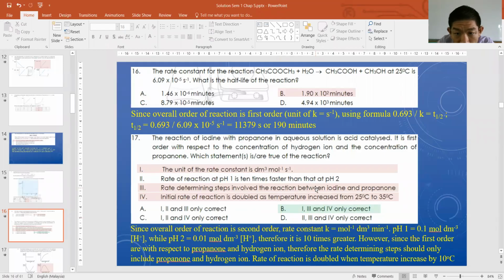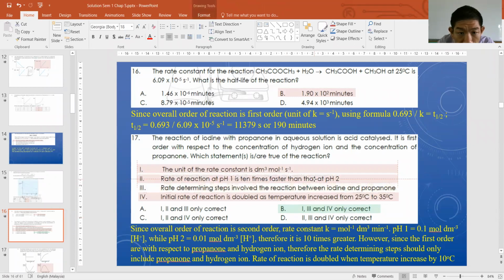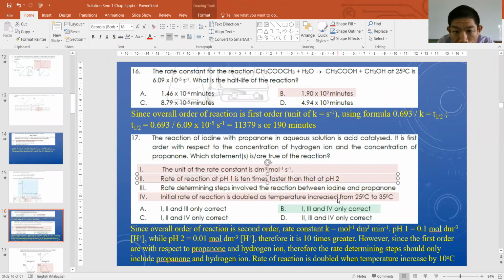Okay, number 2 is correct. Then the rate determining step involves iodine and propanone, which is also correct. And the initial rate of reaction is double as the temperature increases from 25 degrees Celsius to 30 degrees Celsius.